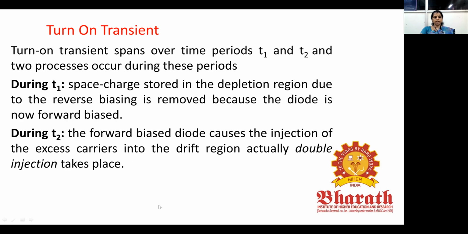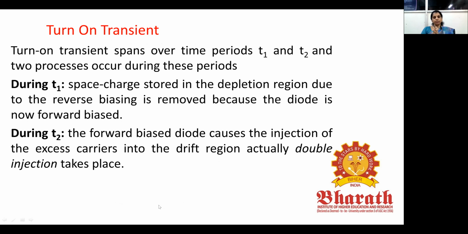So T1 is when the charge stored in the depletion region due to reverse biasing is removed, and the diode is now said to be in forward biased condition. It will take some time to get charged, isn't it? Initially, it is taking some time to get charged in the depletion region.